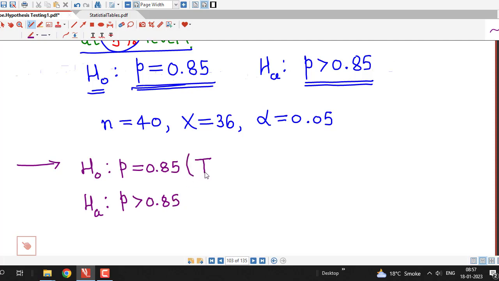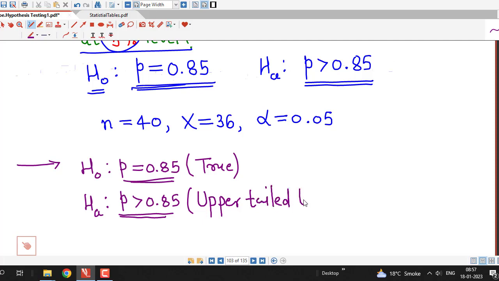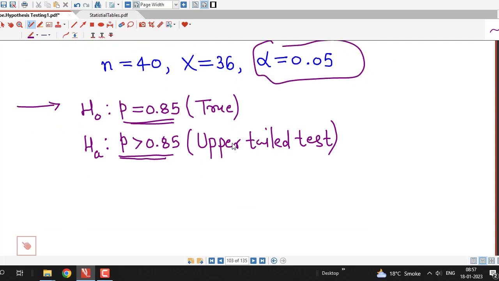We assume the null hypothesis is true, and we test it using one sample z test for population proportion. Because we have a strictly greater than sign, this is an upper tailed or right tailed test. So we consider the area in the right tail as 0.05, the level of significance.